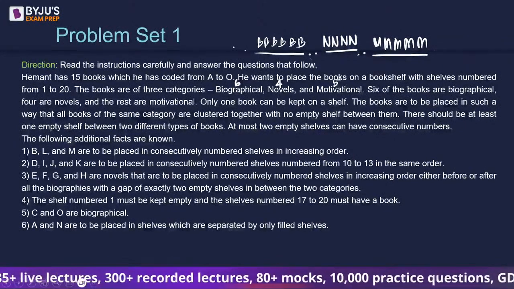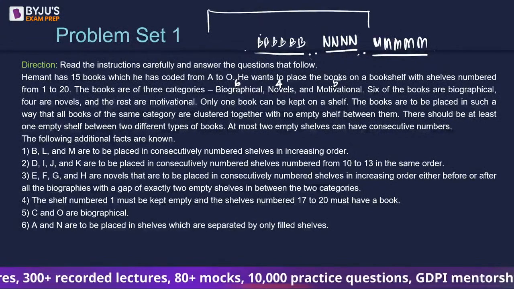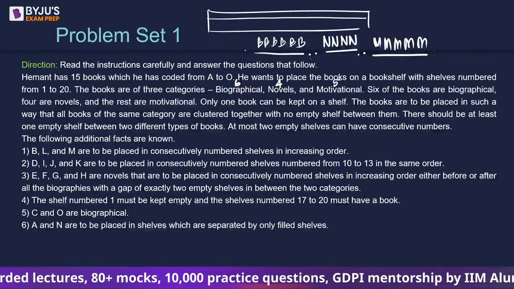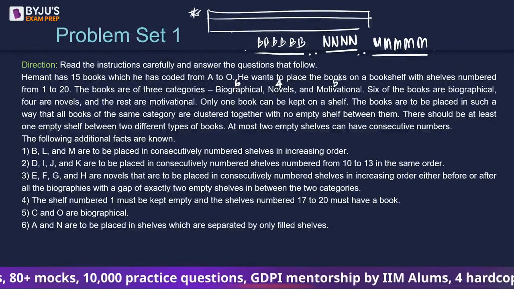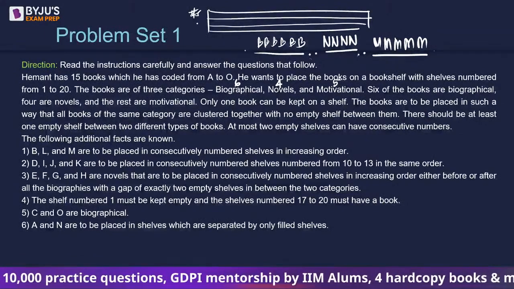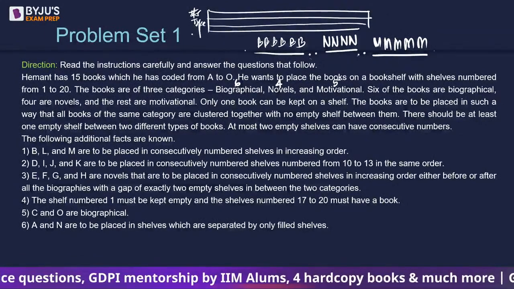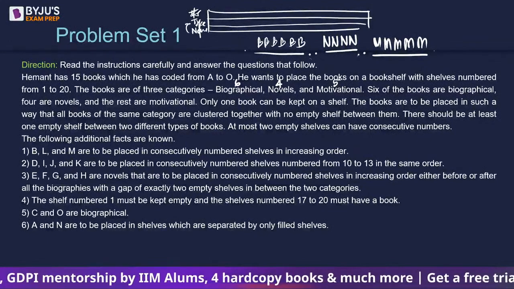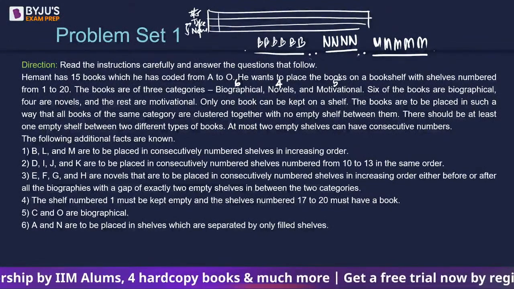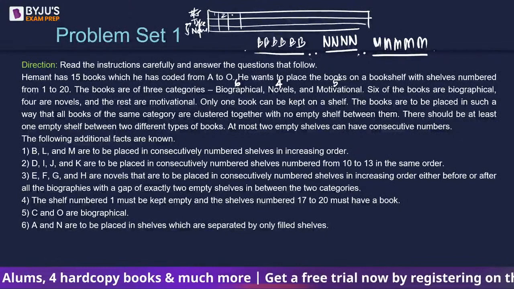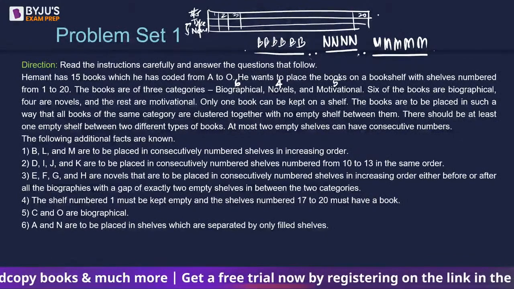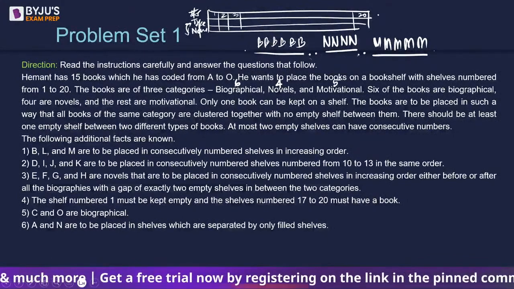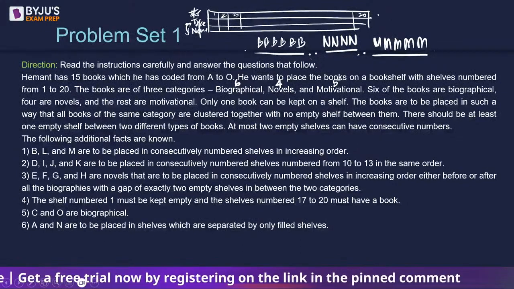So I believe we will need a table like this with the first one being shelf numbers, then maybe the type of books, and then the names or names and types. They can be rearranged because the shelf numbers 1, 2, 3 and so on up to 20 are fixed. It's only the type and the name that need to be arranged.